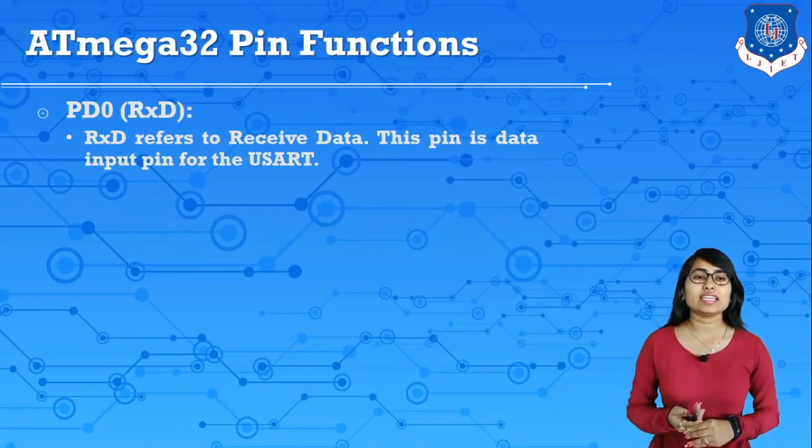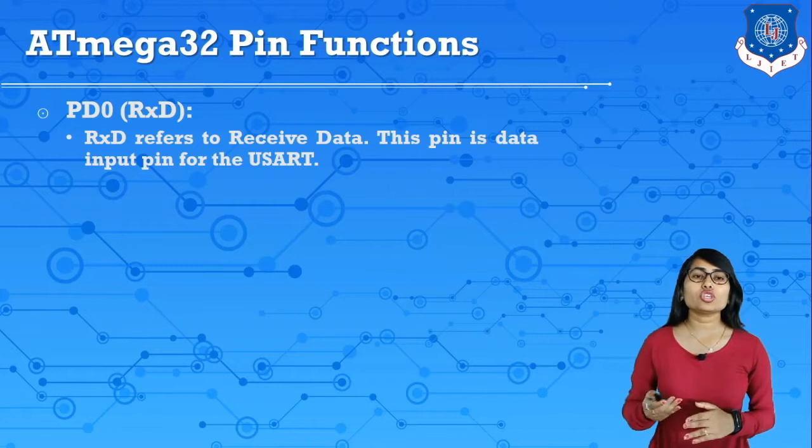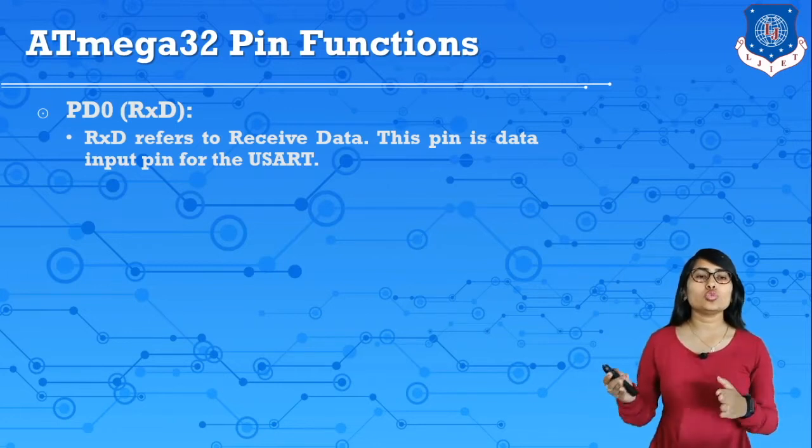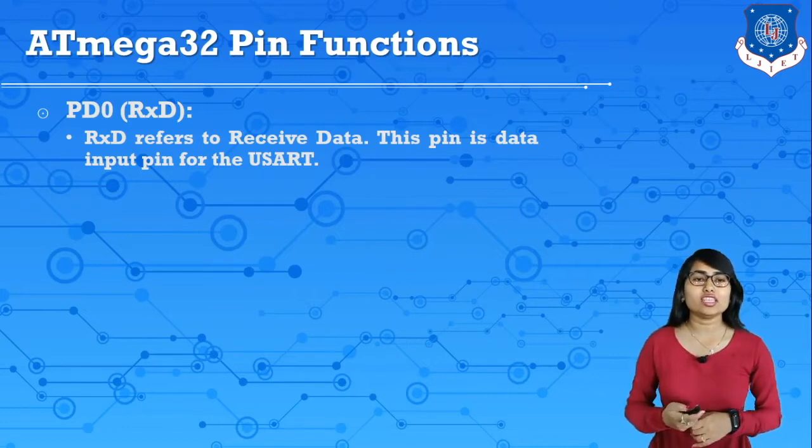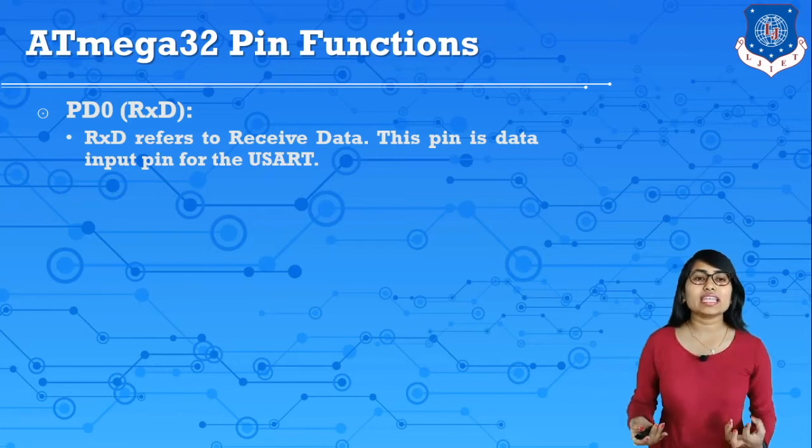PD0 is related to RxD. ATmega32 has an inbuilt USART, so this RxD is used for receiving data. This pin is for data input for USART. To take the data in, this pin is used.